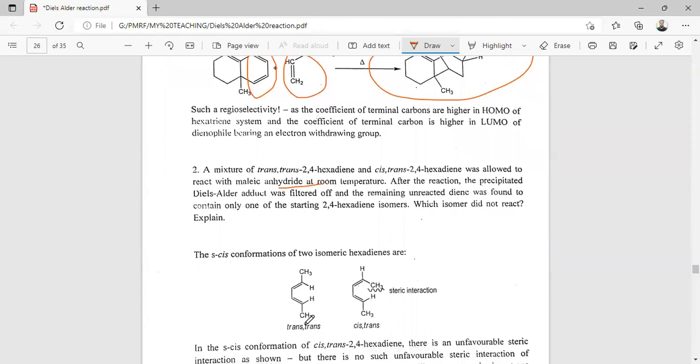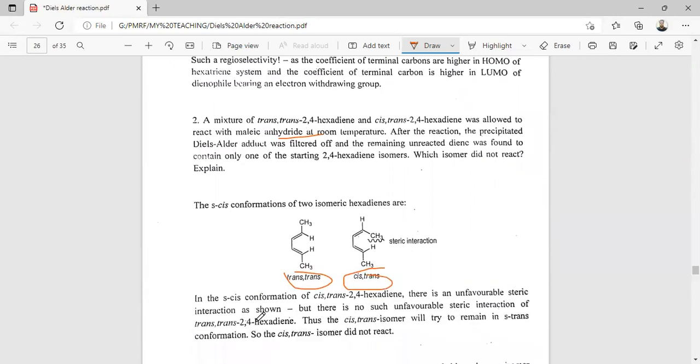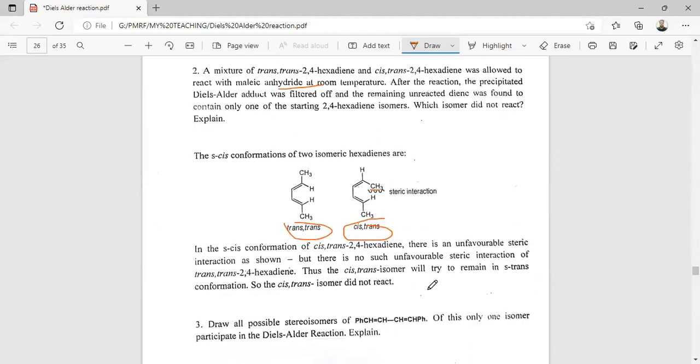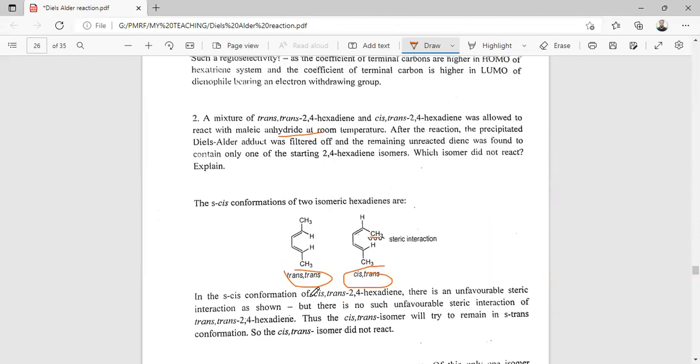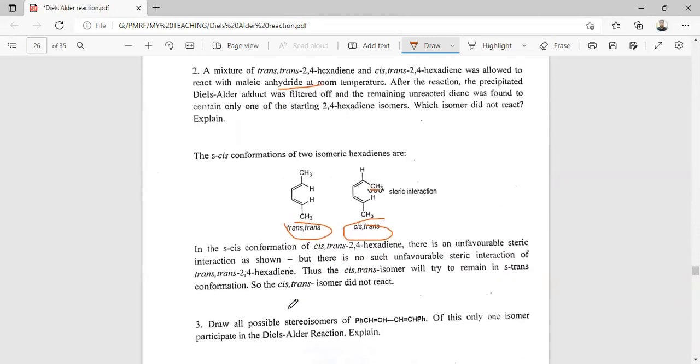So here, this molecule has two configurations. One is the trans,trans and one is the cis,trans. In the s-cis configuration of cis,trans, there is an unfavorable steric interaction as shown, but there is no such unfavorable steric interaction in the s-trans. Thus, the cis,trans isomer will try to remain in the s-trans configuration. So the cis,trans isomer did not react in this reaction.